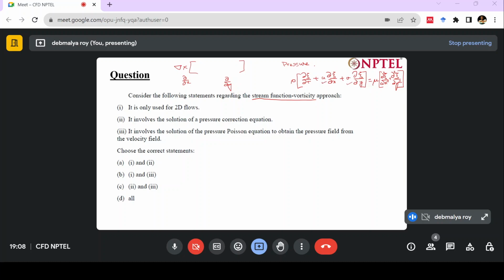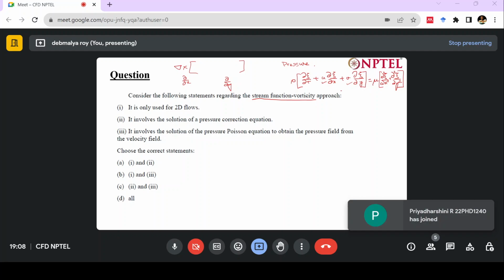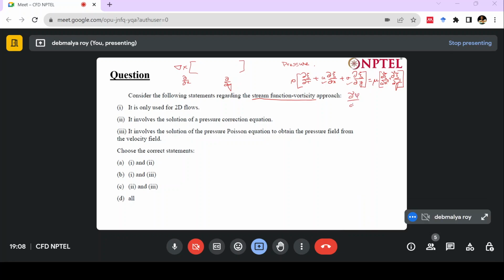In this approach, we take a guess value of the velocity u and v, and then solve for our vorticity. Then after that, we use this particular relation, which comes from the stream function. The Laplacian of the stream function will be equal to minus vorticity.